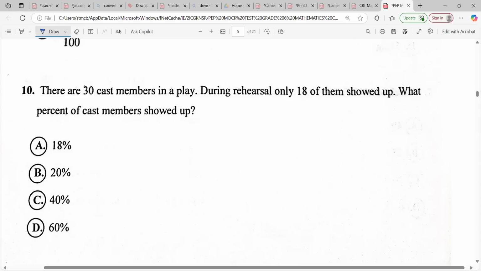Number 10. There are 30 cast members in a play. During the rehearsal, only 18 of them showed up. What percentage of the cast members showed up? WhatsApp that to me and then we can discuss.